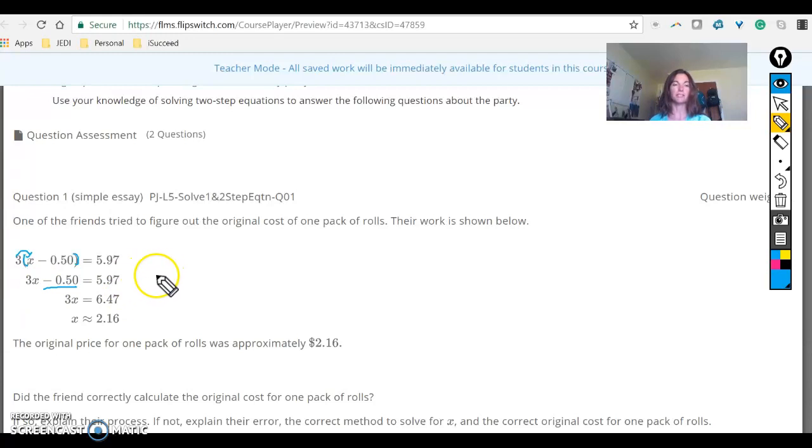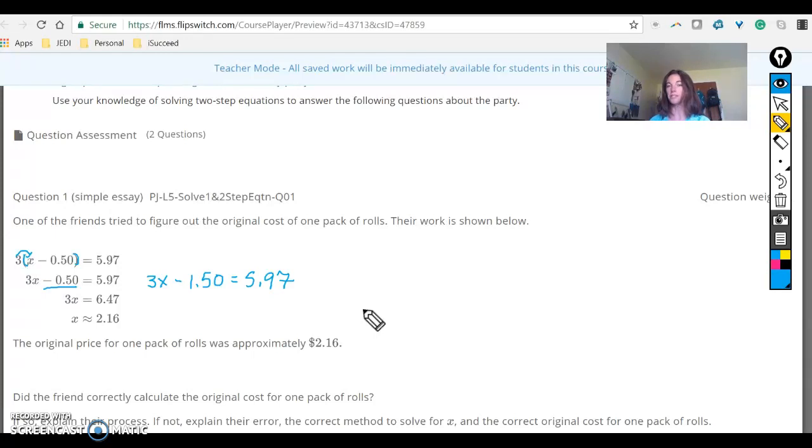And this first step should have been 3x minus 3 times 0.5, which would be 1.5. We can add a 0 there too. And then that is going to equal 5.97, okay? So the error here was that the friend did not fully distribute the 3 through the entire expression of x minus 0.50.